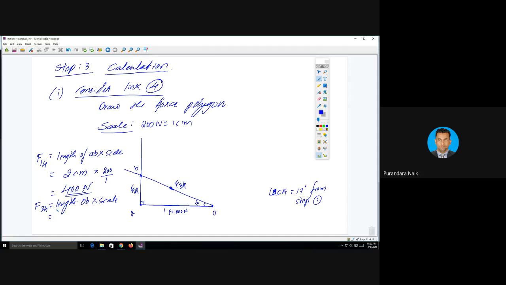Okay, now tell me the answer for the OB length. 5 centimeters, sir? Exactly 5 centimeter? I don't think so. 5.3, 5.4 is okay, no problem. I'll take 5.3, okay? So what is the answer?